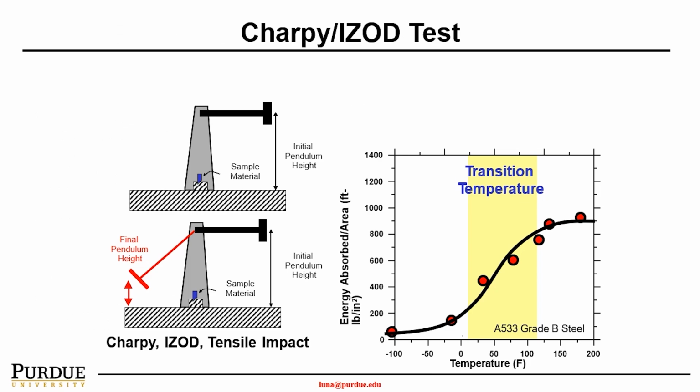So how do we identify material toughness? It's often tested by Charpy testing or Izod tensile impact testing. As shown here, you lift the pendulum to a certain height, and then use the pendulum to hit through the material, and then see the material behavior and the stress.